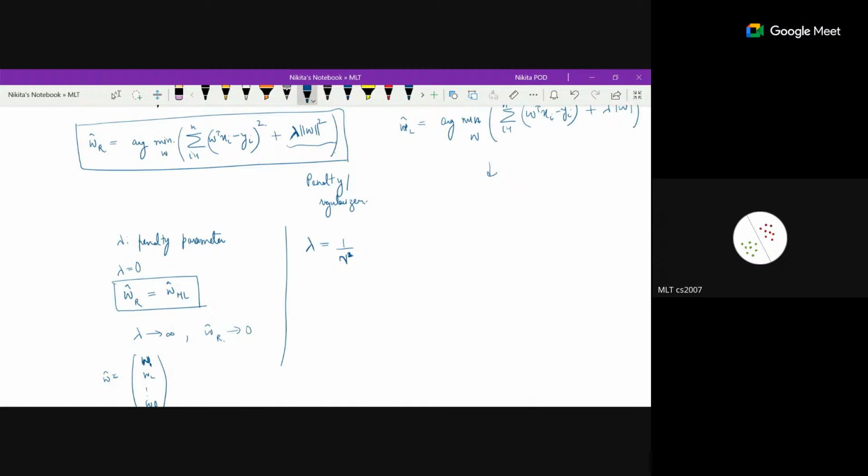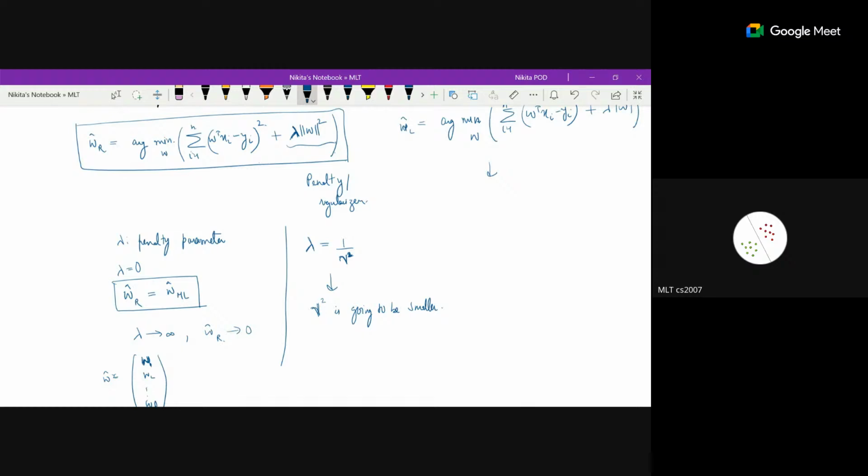If W goes towards 0, it means my lambda is higher. And when will lambda be higher? When you have lesser variance, when the gamma square is small. So what you can say from here is, when most of the features are redundant, my gamma square is going to be smaller.